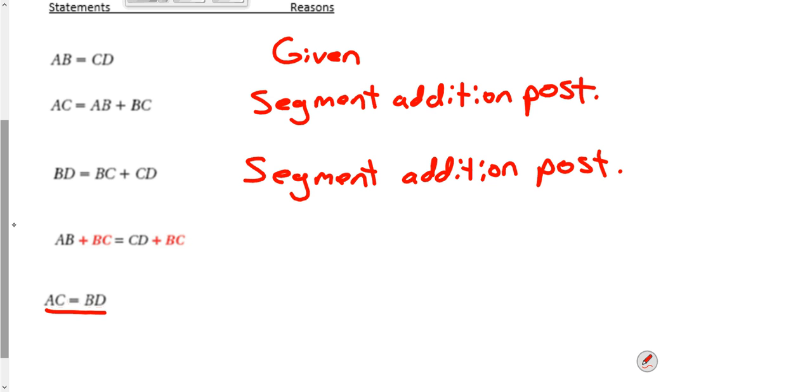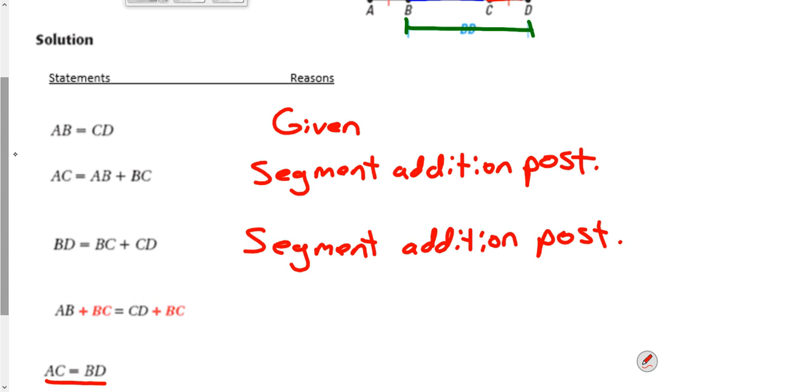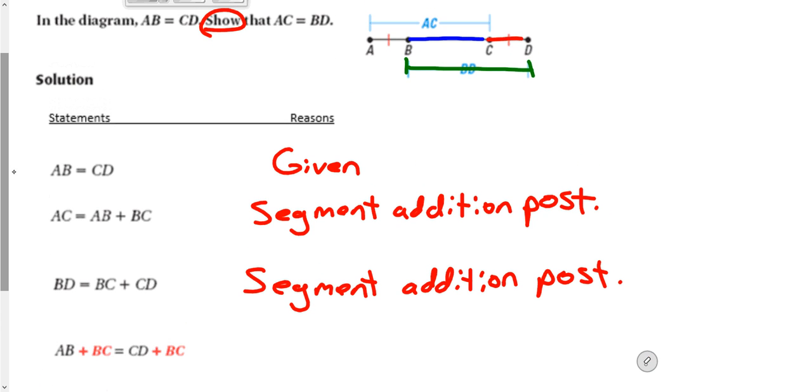Our next statement says AB plus BC equals CD plus BC. It's nice in this example, we have the plus BC highlighted for us, so that should give us a clue as to what's going on. But if we notice, back to our given statement, we have AB equals CD. If we look at that diagram, we're adding BC to each of those, that's just that middle segment there.